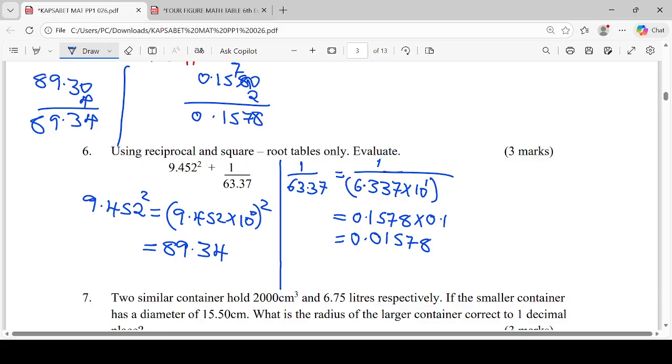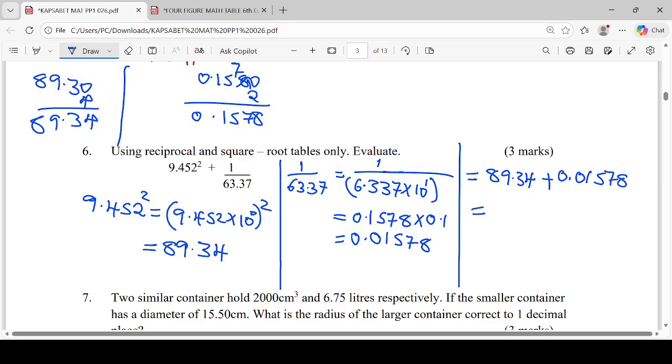And now, because the 2 were being added, now we are going to add the 2 answers we've gotten. The first answer we got was 89.34 plus 0.01578.